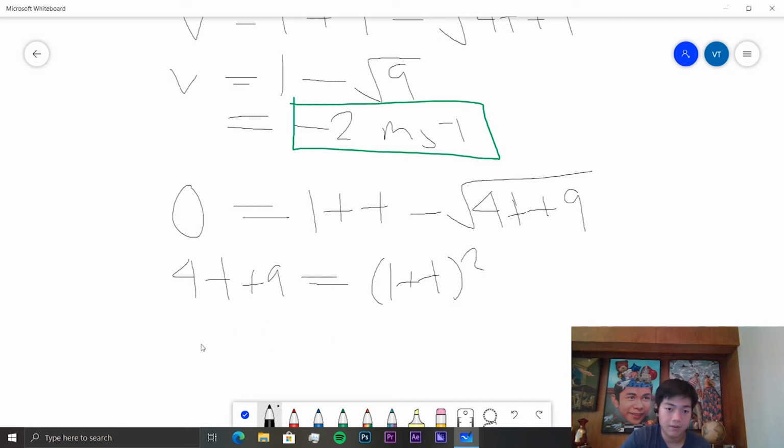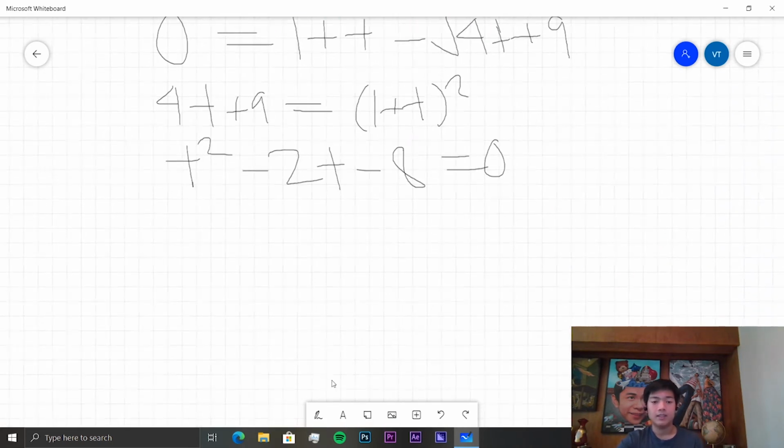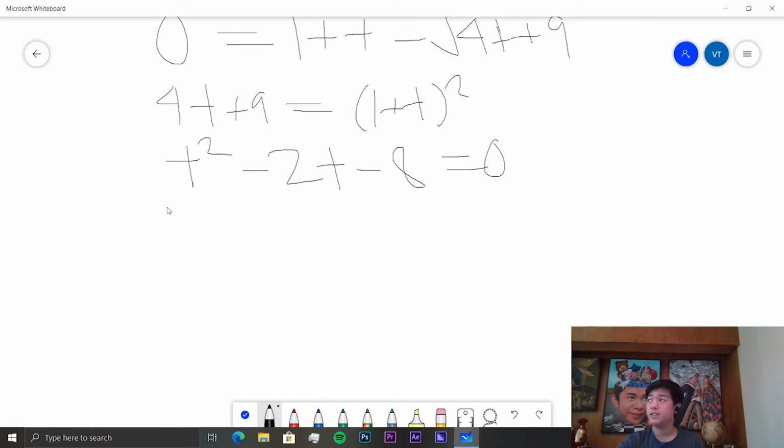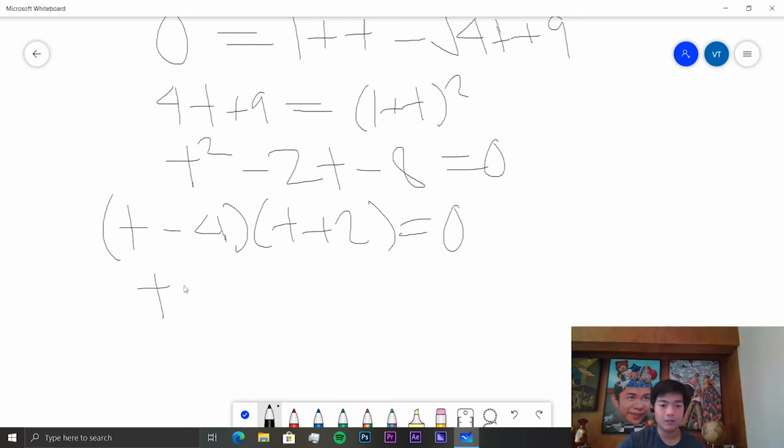So t squared minus 2t minus 8 is equal to 0. We can factor this into (t minus 4) times (t plus 2) equals 0. However, I don't think we're going into negative time for this, so the answer must be when t equals 4 seconds.